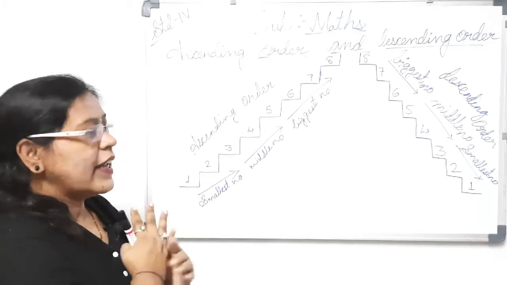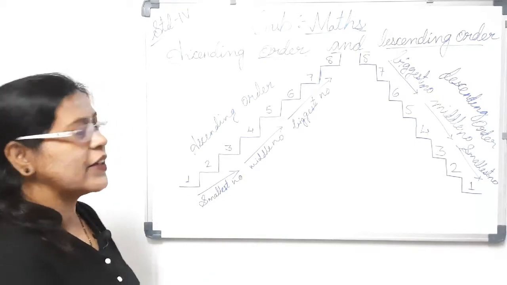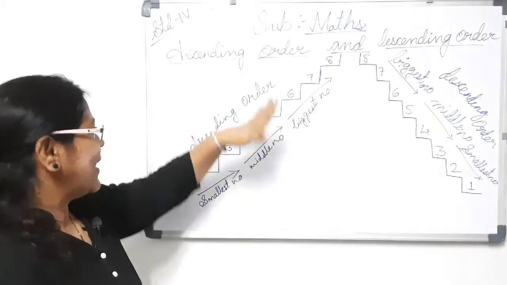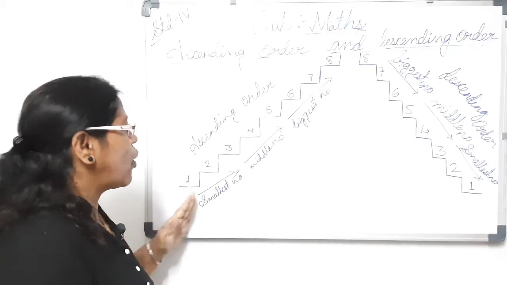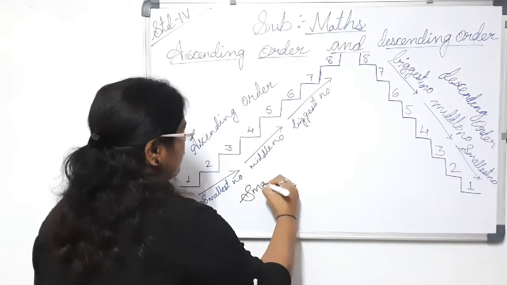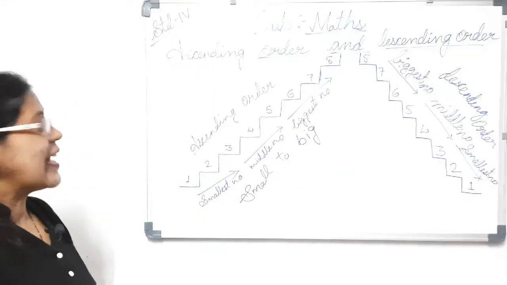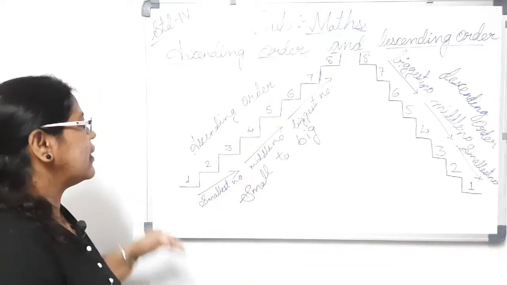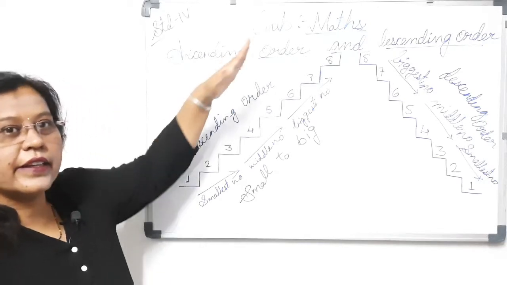When any numbers are given to you, and it is asked to ascend the numbers or descend the numbers, then ascending order starts from smaller to bigger number, small to big, with steps from the smaller to the greater.